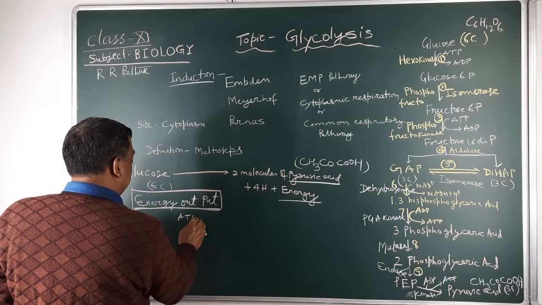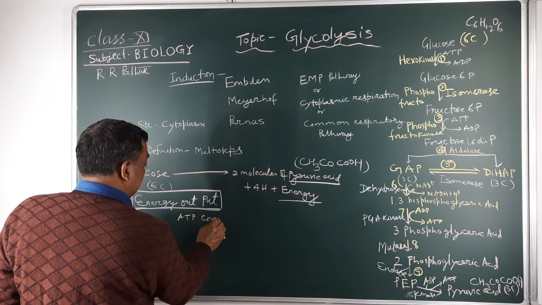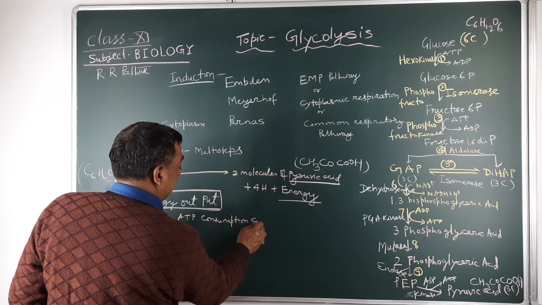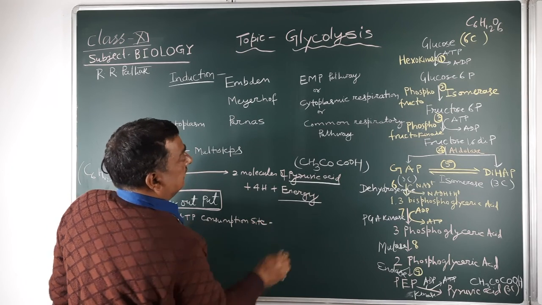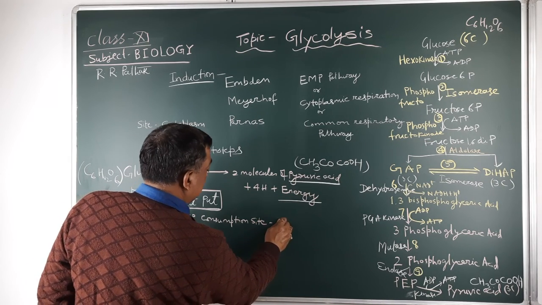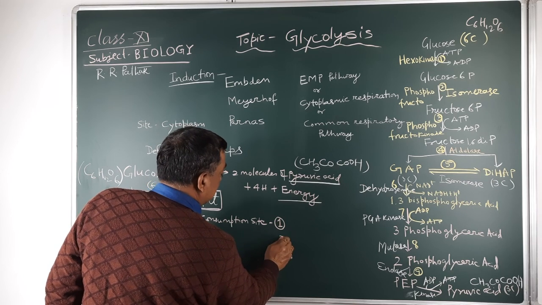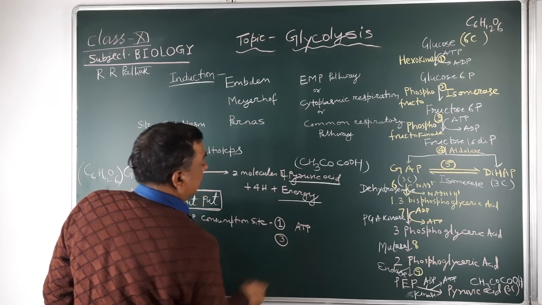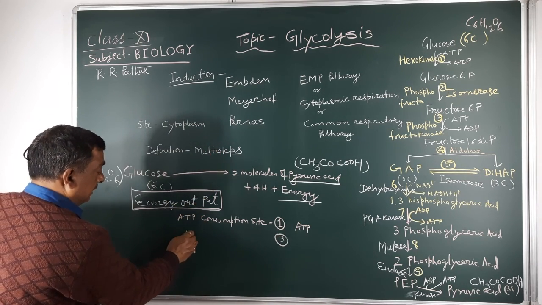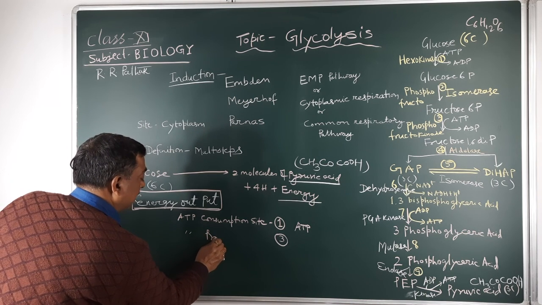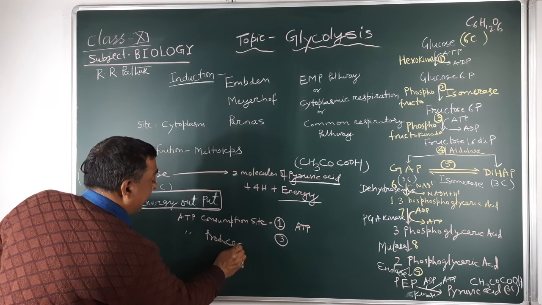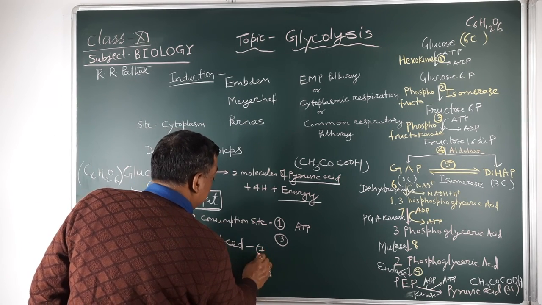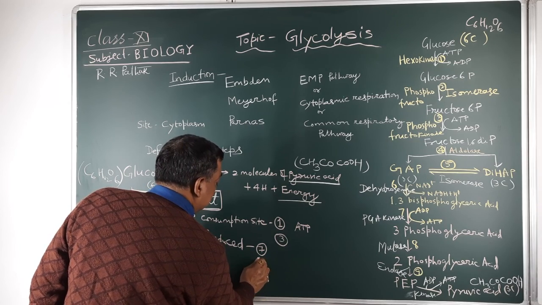ATP consumption sites: at step number 1 and step 3, 2 ATPs are consumed, while 2 ATPs are produced by GAP and ultimately by pyruvic acid.